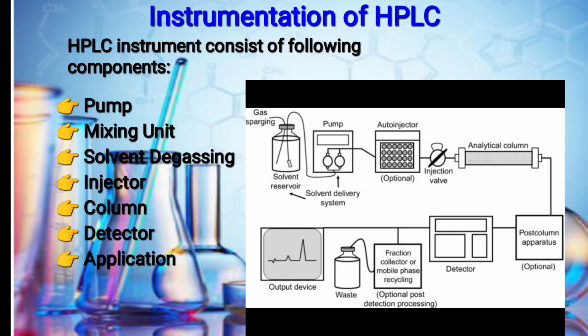Now coming to the next part, which is the solvent mixing valve. This valve is used to mix the solvent. If we are using a binary system, then two solvents will be mixed together. If we are using a quaternary system, then four solvents will be mixed together. All these solvents will run through the pipe.